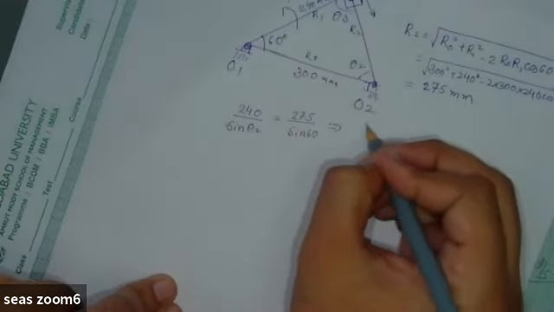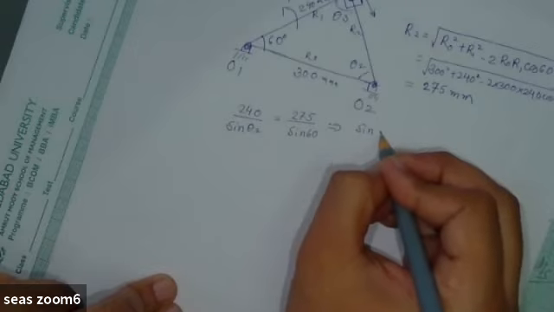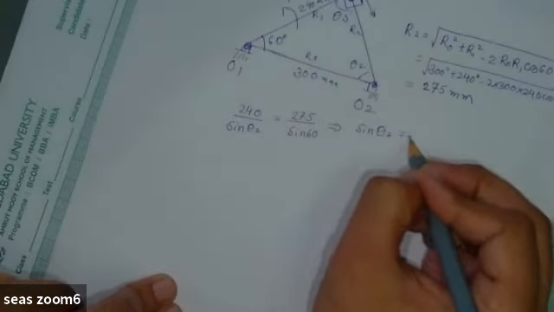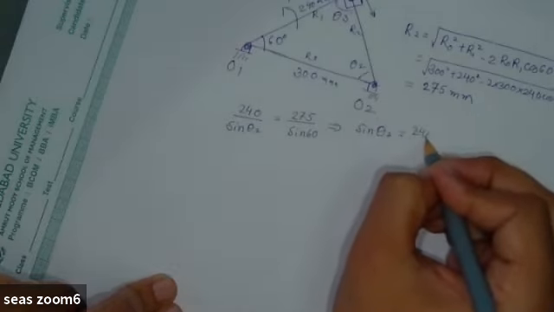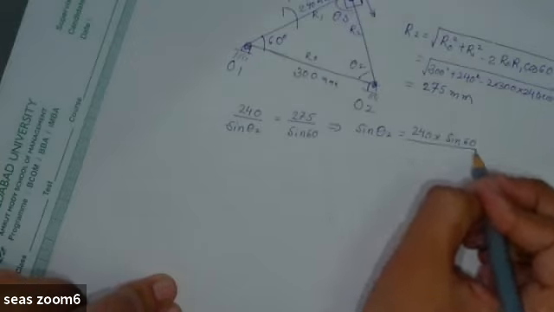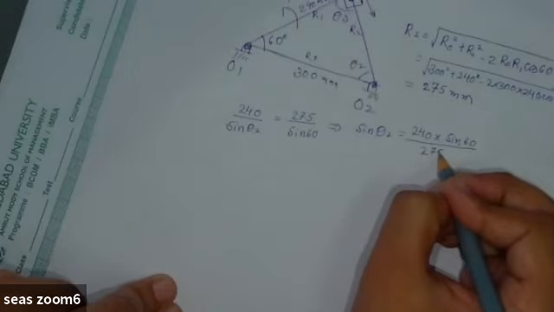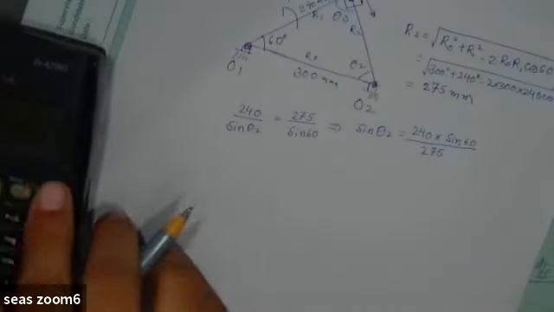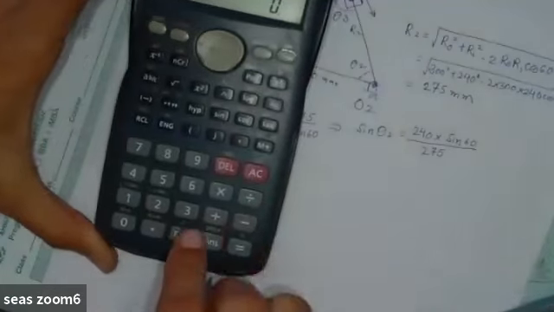So sine theta 2 is equal to 240 cross sine 60 divided by 275.